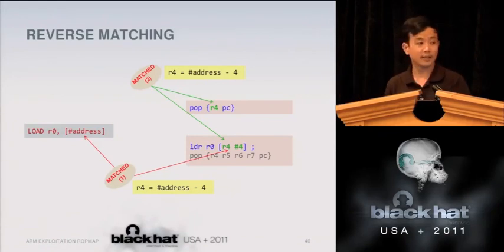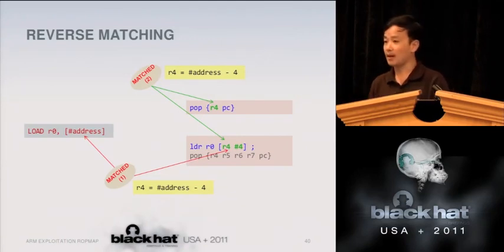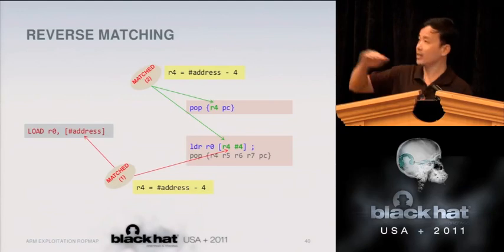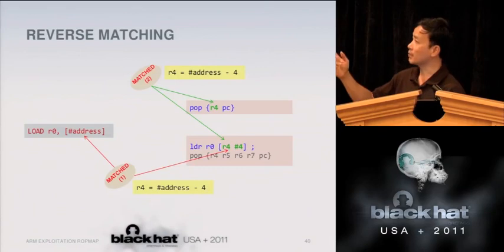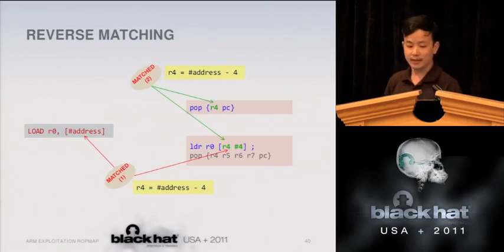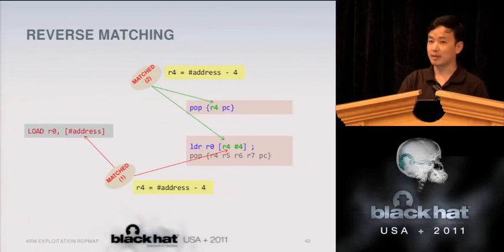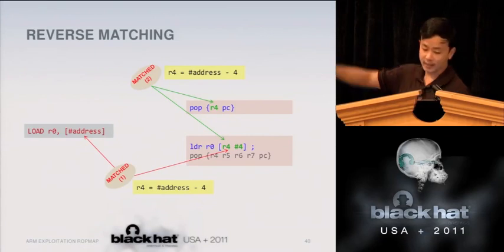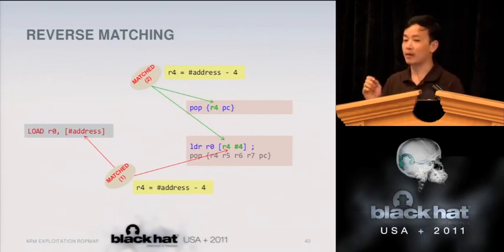In other words, R4 must be address minus 4, right? Then we travel back. So we have a pop R4, PC. So R4 plus 4 is matched with R4, and that value will be propagated back. So we have R4 is address minus 4. That is our value on the stack.